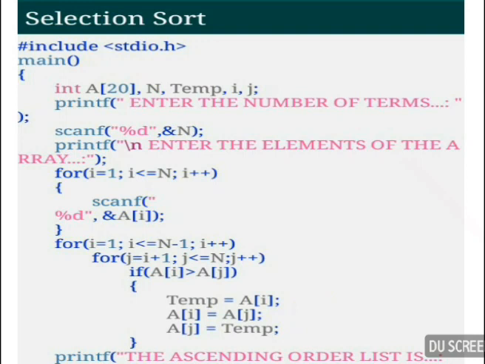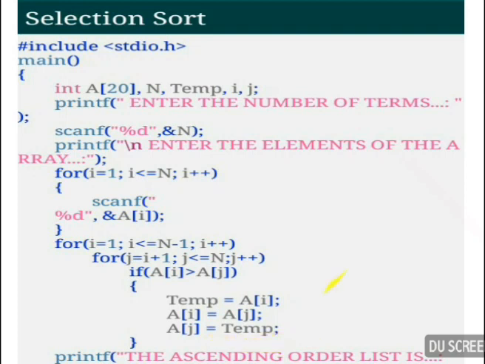Then the value of a[j] goes to a[i], and now a[j] is empty. Then the value of temp goes to a[j]. Now temp becomes empty.